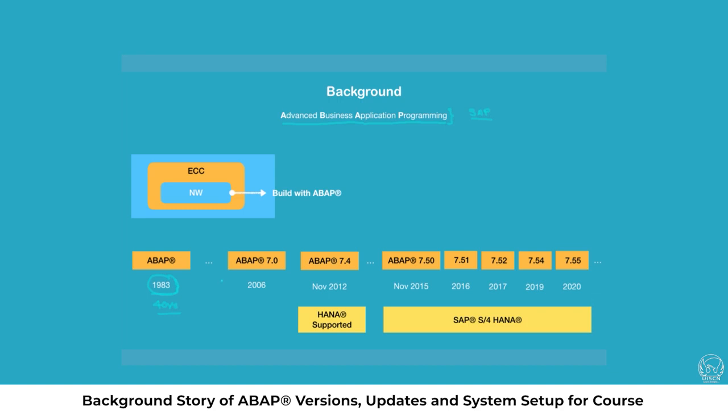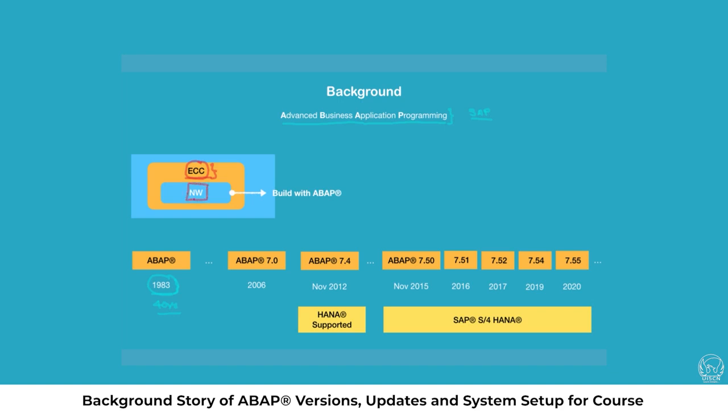Now, when we talk about SAP, you might have heard the term ECC. In the legacy or older systems, ECC was the central component, and ECC stands for ERP Central Component. SAP is ERP software, Enterprise Resource Planning software, and technically it was referred to as ECC. Inside ECC we have a component called NetWeaver.